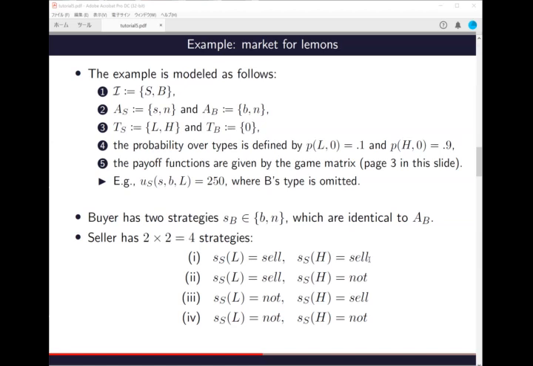The second strategy, s_S(L) equals sell and s_S(H) equals not sell, means that the low type seller chooses to sell while the high type seller does not sell, and so on. In other words, sell when low type but not when high type is one strategy. Sell when high type but not when low type is another strategy of the seller. It is important to keep in mind that action and strategy are different in Bayesian games, even though the players move simultaneously.